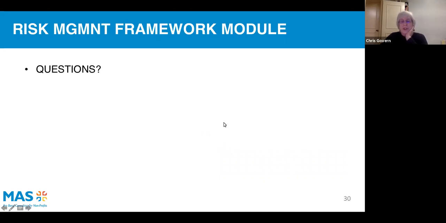One says, just curious from your work experience, what's the percentage of nonprofit organizations that have a risk management framework? So it's becoming more common. Boards are becoming more aware of the importance of risk management.